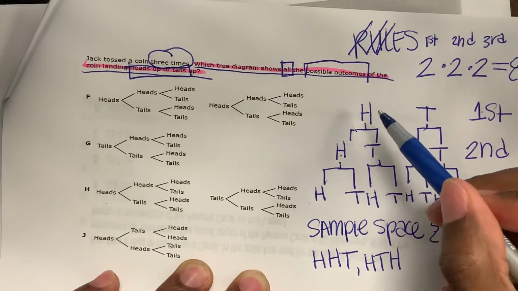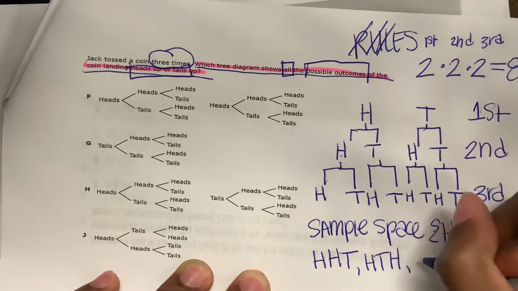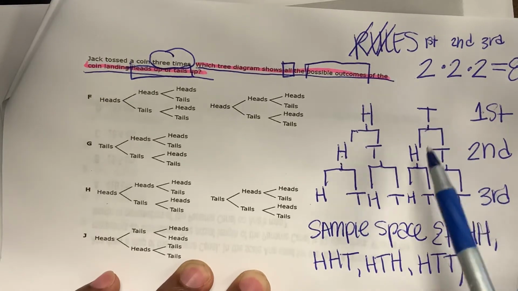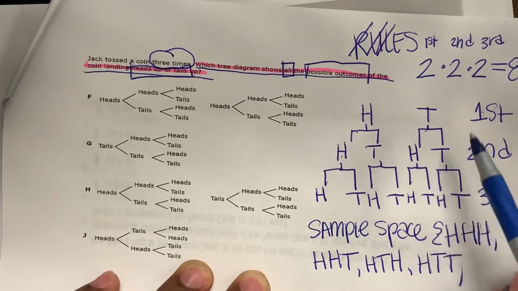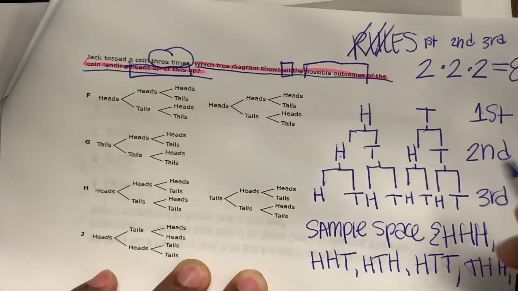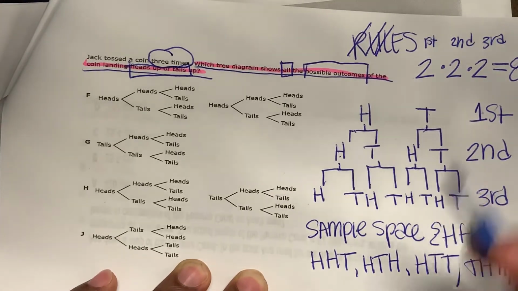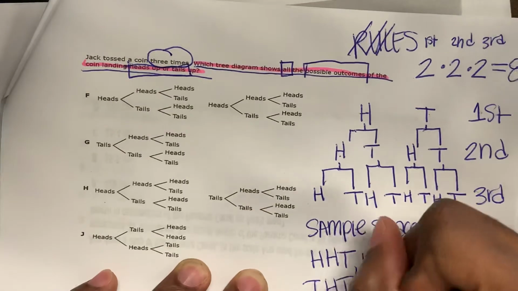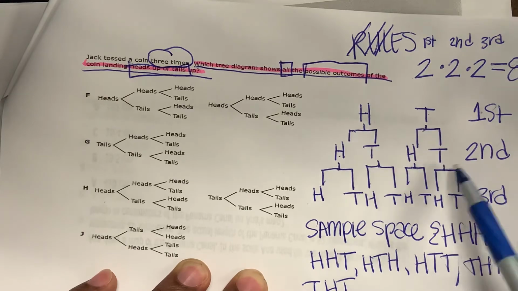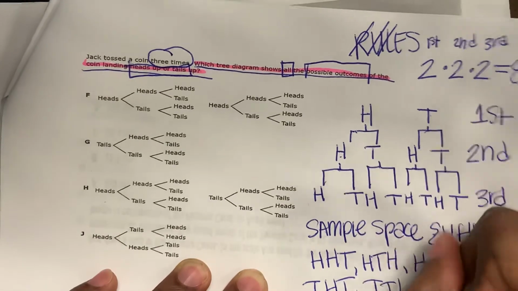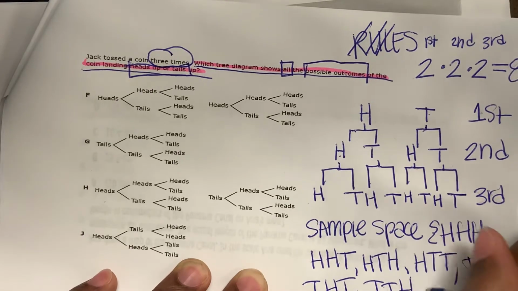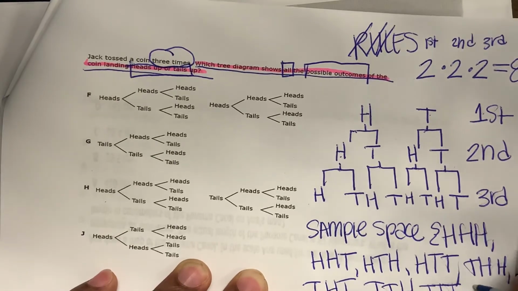We can get heads, tails, tails. All right, let's go to the next one. Let's see if we get a tails first. We can get tails, heads, heads. We can get tails, heads, tails. We could get tails, tails, heads. Or we could get tails, tails, tails. The triple tails.